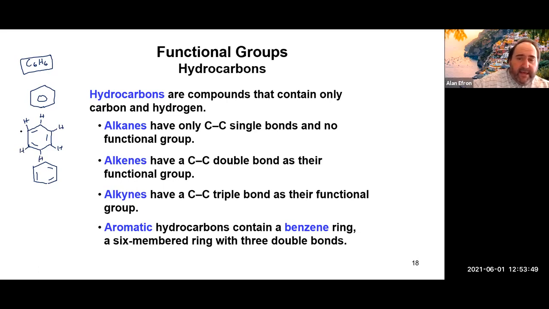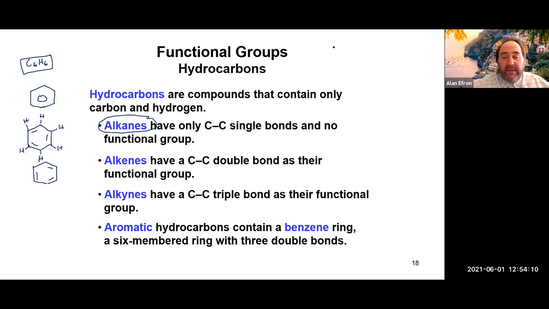Now, pretty much everything boils down to our alkanes in terms of naming. It is important to learn the names of the first 10 alkanes, for example. They can be very helpful.